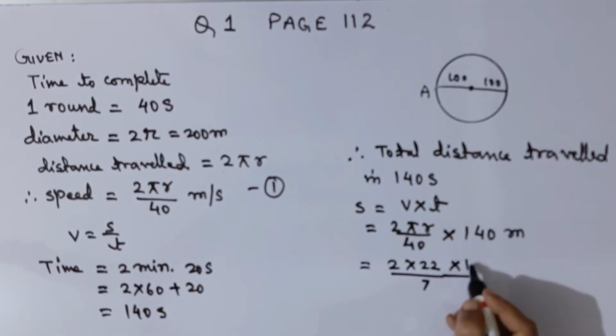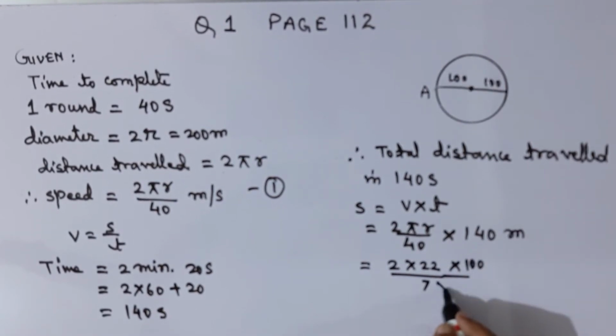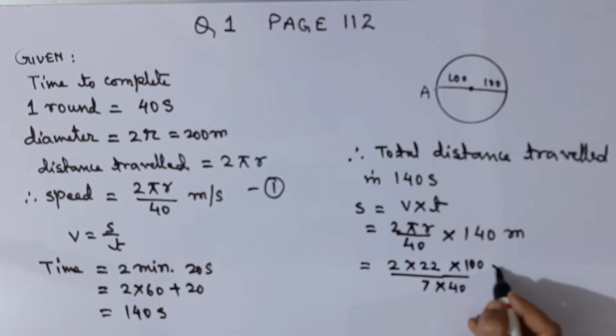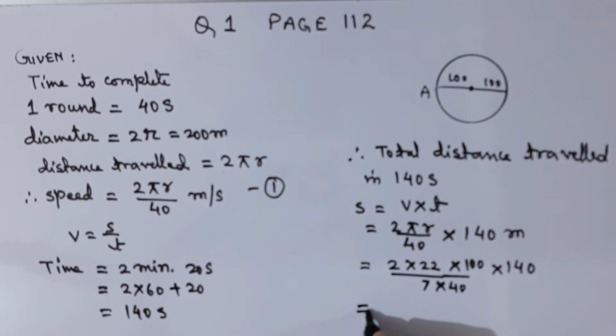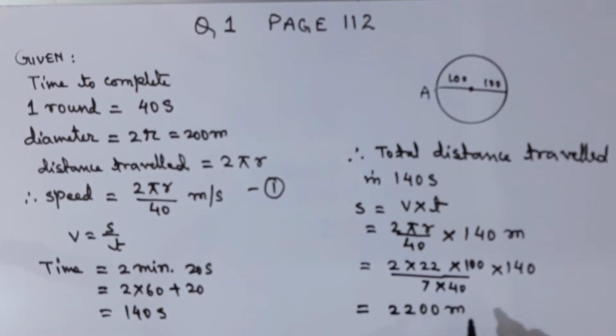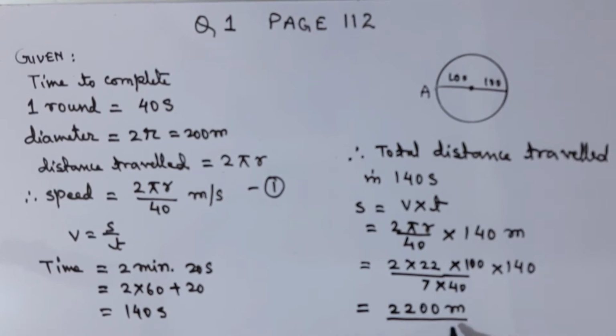Here for r we will keep 100 and 40 as it is, multiplied by 140. After simplification, it comes to be 2200 meter. So this is the distance travelled by the athlete in the given time, 2200 meter. This is the answer to the first part.